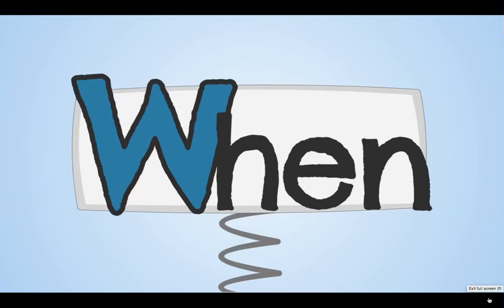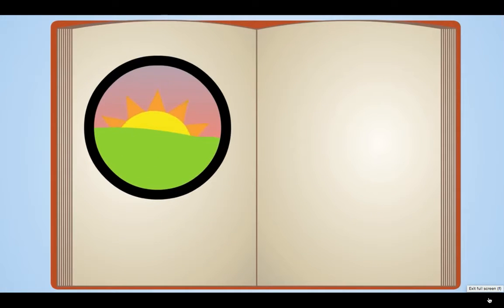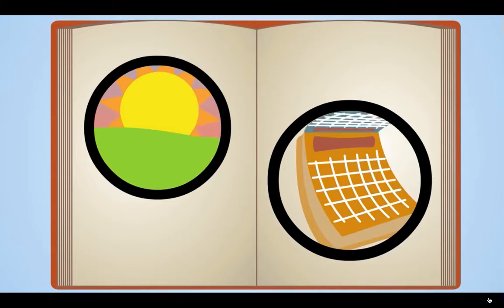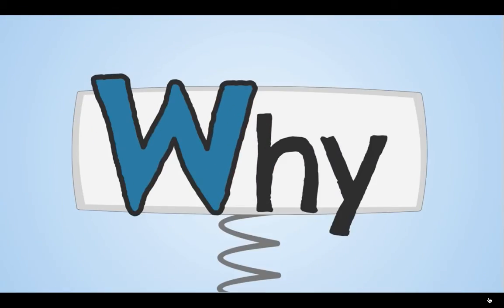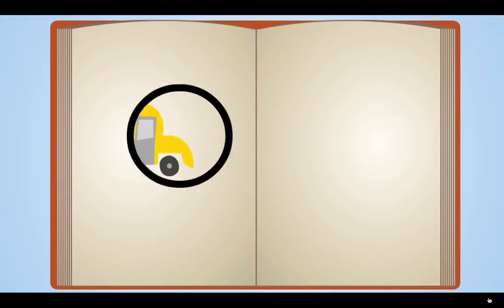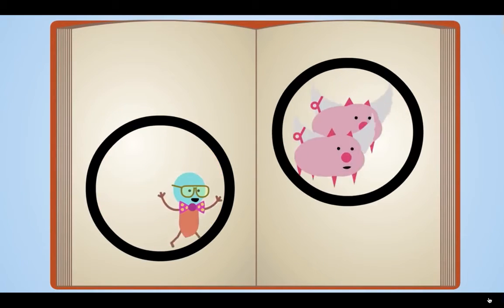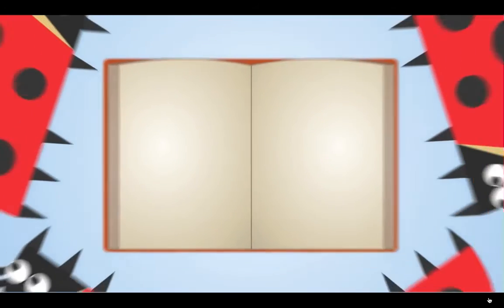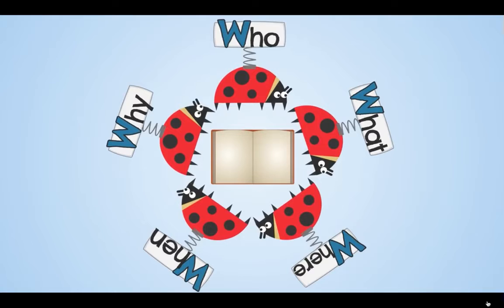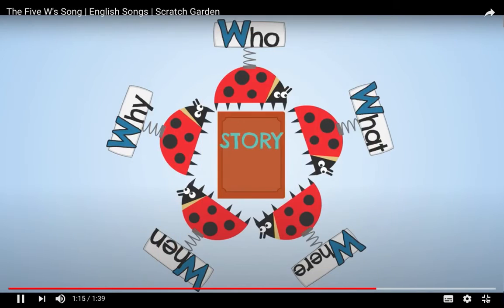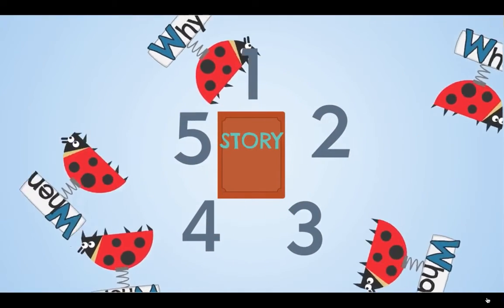When, the story needs a when, like this morning or on Tuesday or back then. Oh, why? The story needs a why, like because you missed the bus or because they wanted to fly. 5 W's, 5 W's. You can't tell a story without 5 W's.